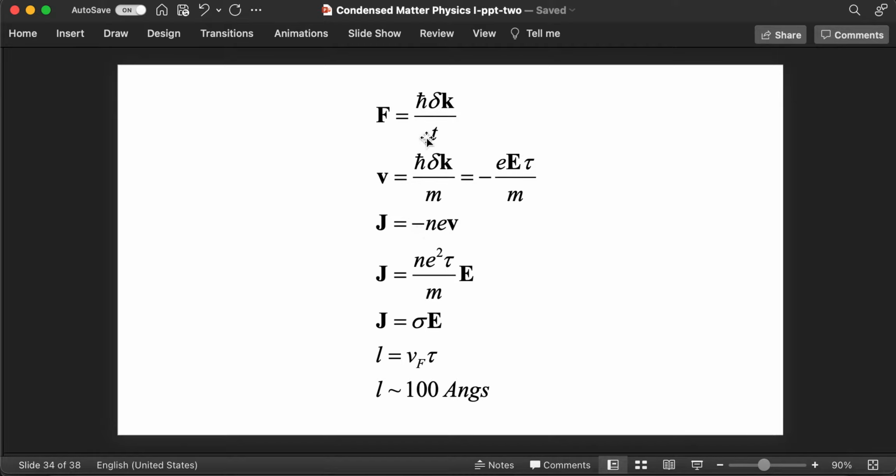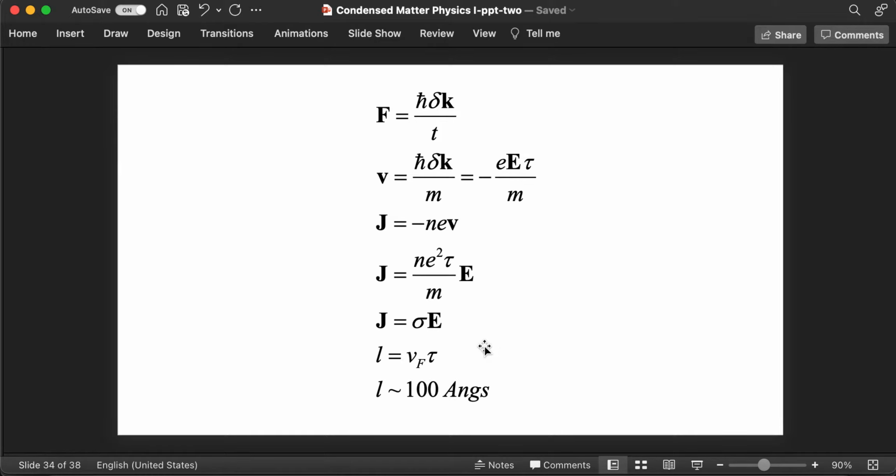So this force can be written as h cross del k by t, where del k is a shift in the Fermi sphere, and the momentum also is related to the velocity, v equal to h cross del k by m, and that of course is also related to the force in this manner, which we saw in the Drude model. You can take the expression for the current density, which we looked at earlier, and replace this expression for the force, and you get back Ohm's law.